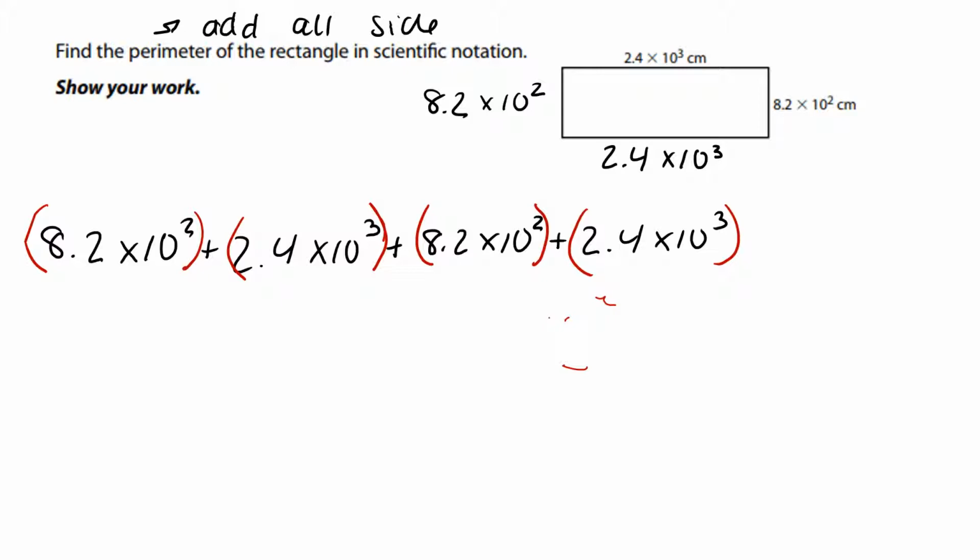Plus parentheses 2.4 times 10 to the 3rd. Plus parentheses 8.2 times 10 to the 2nd. We're using our parentheses around the beginning and the end of each type of problem. That keeps each section separate from the other.